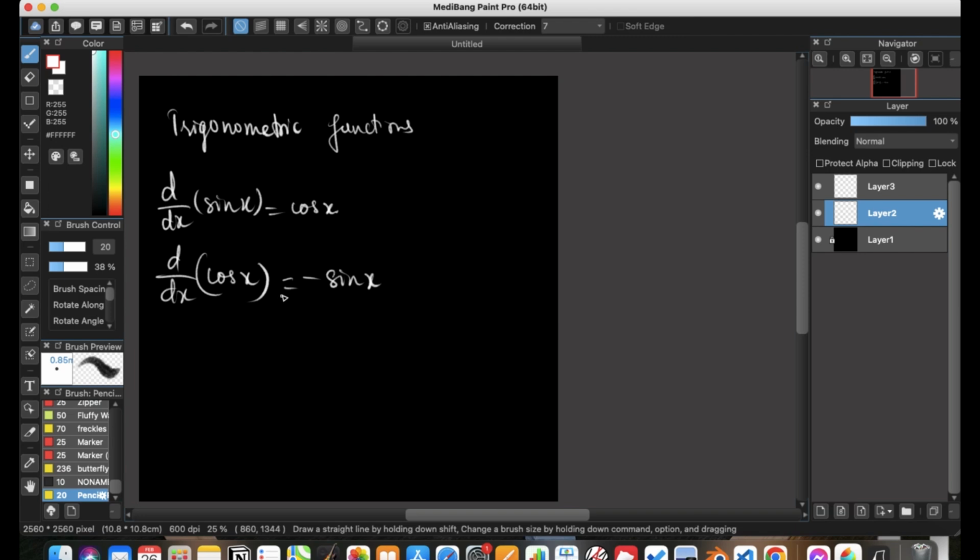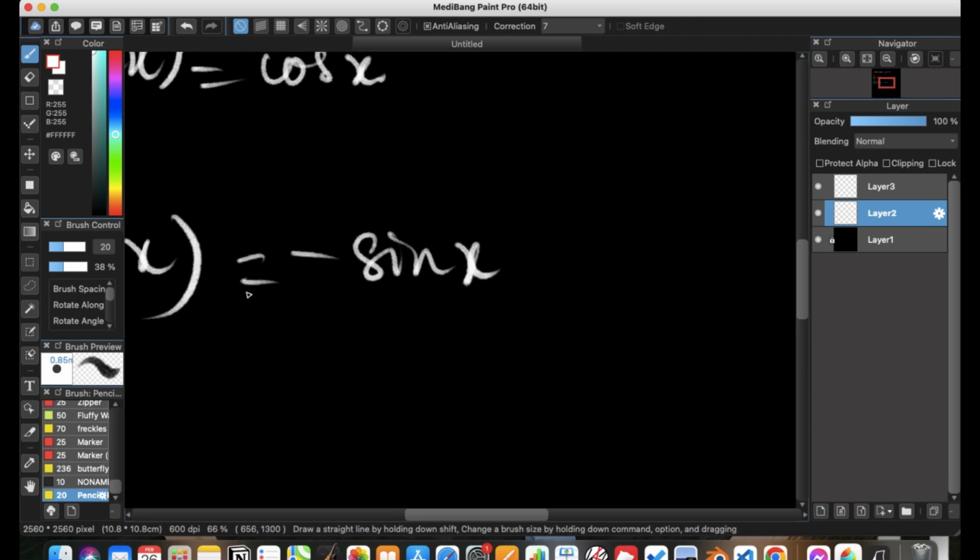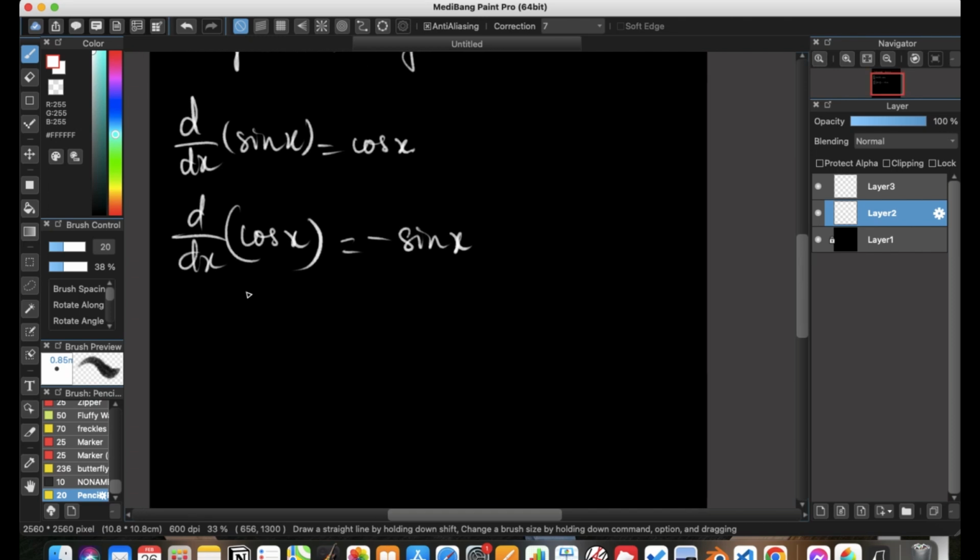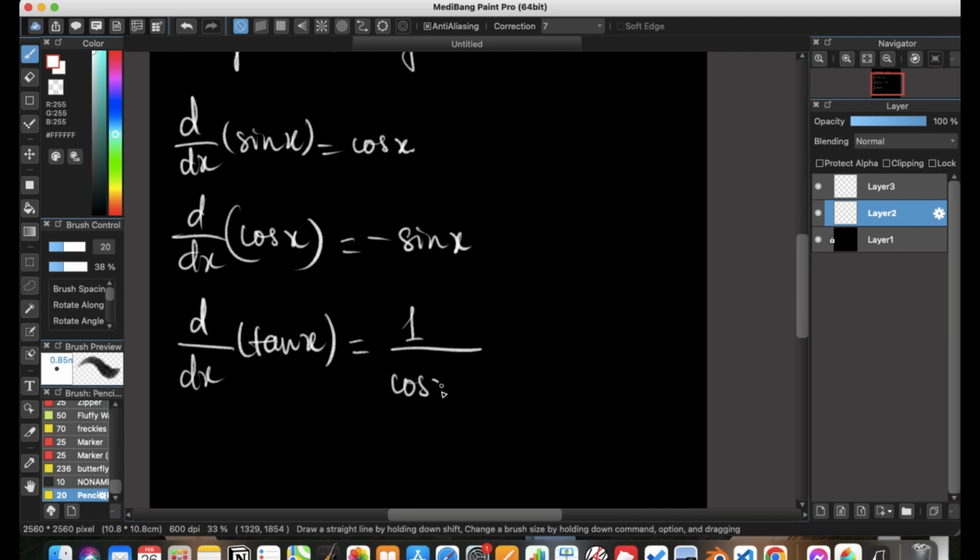Make sure to add a minus sine. Next, how about tan x? Tangent x. It's going to be 1 over cos x to the power of 2, and we can rewrite this as sec x to the power of 2.